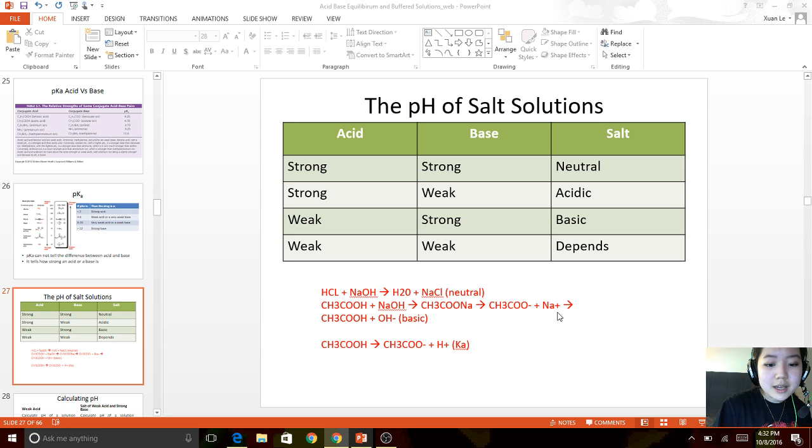And once they react with water, water is going to react with the acetate ion and create acetic acid once again, plus a free hydroxide ion. And so basically what's going to happen is the salt resulted in an increase of the amount of hydroxide ions, which contributes to the basicity of the solution.